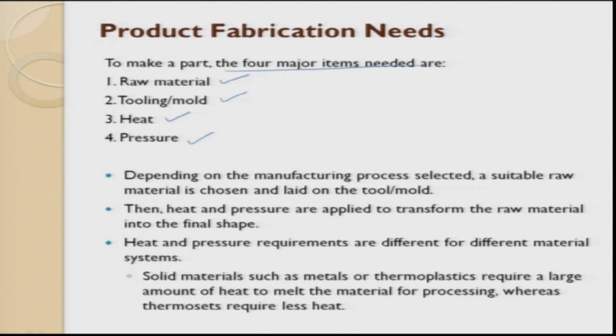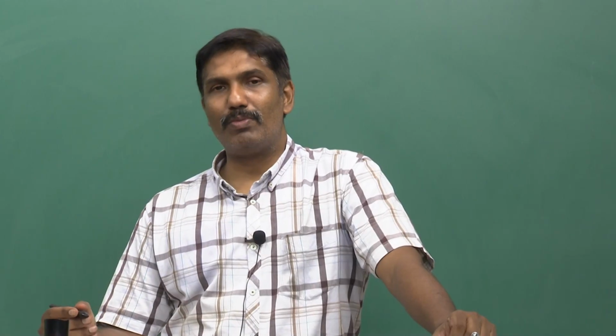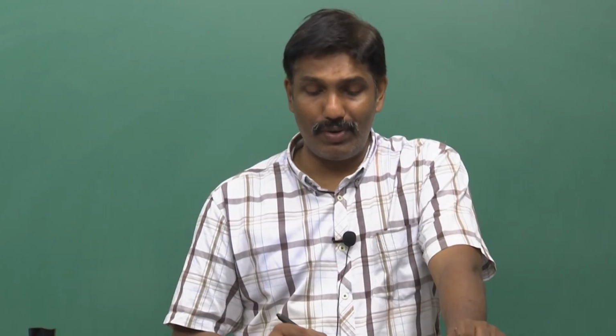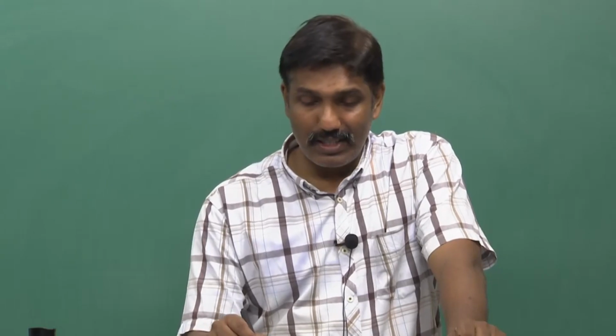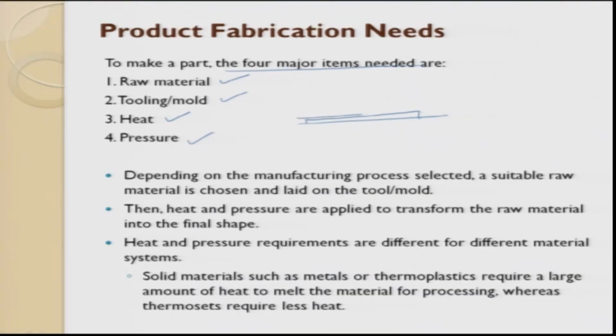For example, when we do a hand layup process and the volume fraction is expected to be more than 40 or 50, we place the composite in several layers, then place a sheet on top and put a stone there. This is a load, and this load is distributed over a plate, and the plate distributes it to the composite. So, here it is only pressure, no heat is applied.